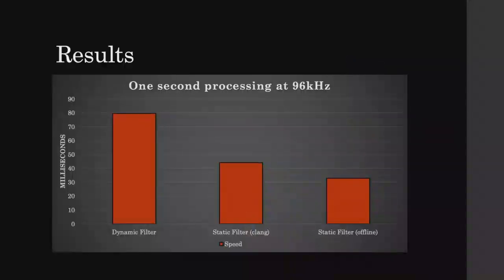Just my last slide, just to show you. I did the actual running time for 1 second at 86 kilohertz, and you can see that a full compilation of a static filter that is really adapted to the schema is actually 3 times as fast as a dynamic one.